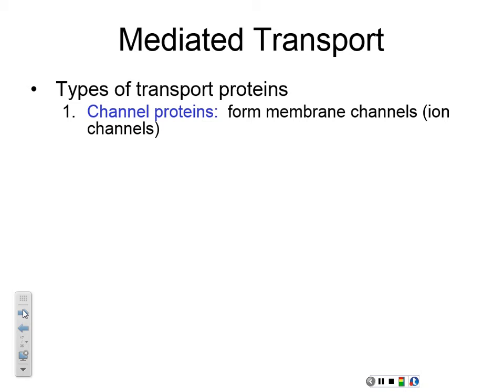Channel proteins are transmembrane proteins that have a channel that will fit a specific ion or molecule. What determines what moves through is the size of the channel pore. If it's small, it will only fit small molecules. If it's a little bigger, it will fit slightly bigger molecules. So that's a channel protein.